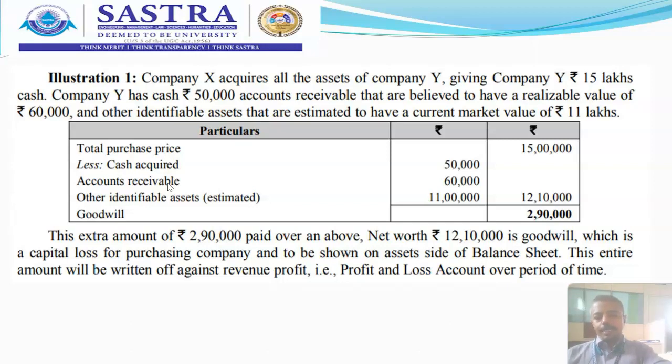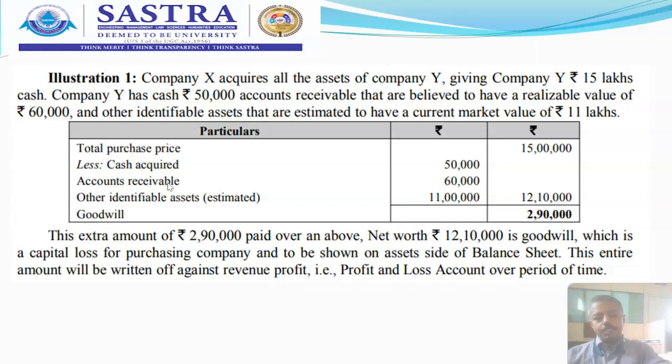So in that case, this difference is called goodwill, which means we are paying more. The excess whatever we pay more is what we call the term goodwill, because we are paying more due to the reputation of the company Y.